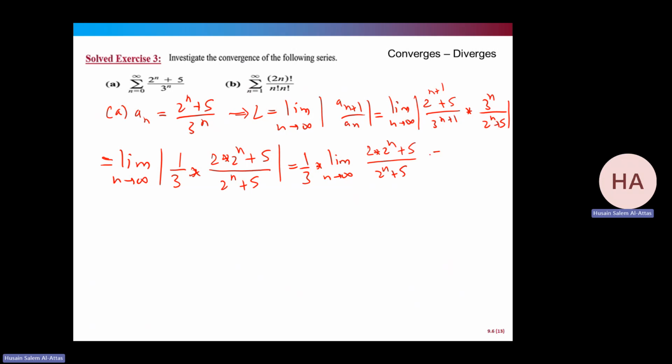If I divide by 2 to the power n in the numerator and denominator, we're getting what? 1 over 3 outside, times 2 plus 5 over 2 to the power n over 1 plus 5 over 2 to the power n.